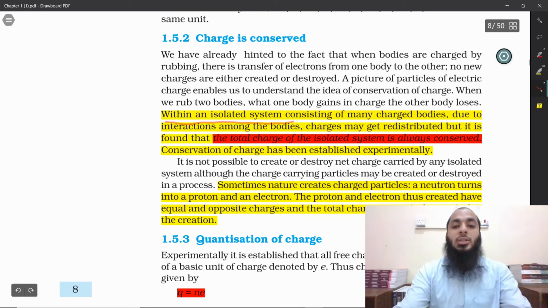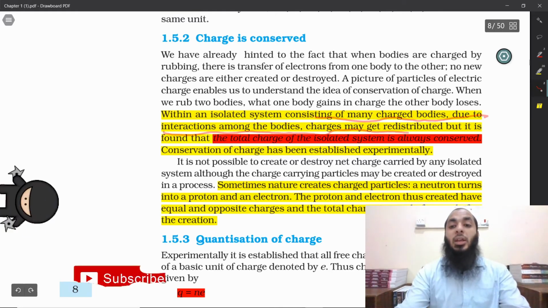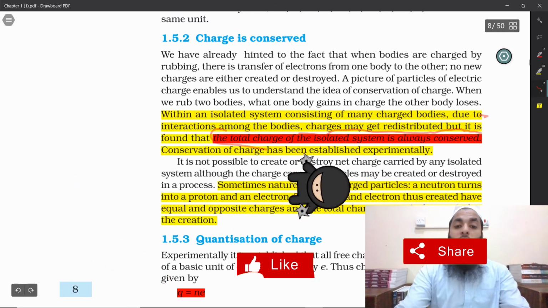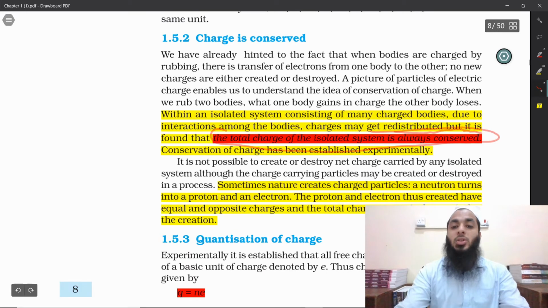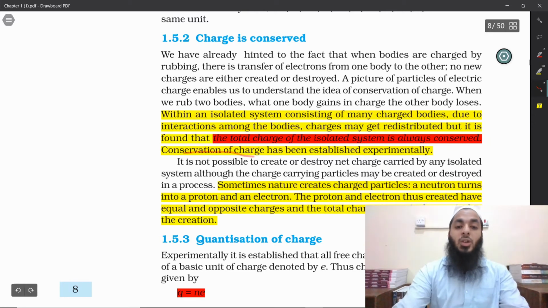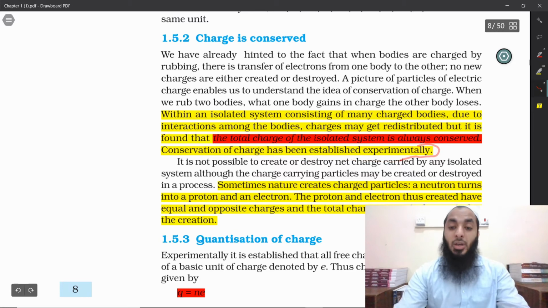Within an isolated system consisting of many charged bodies, due to interaction among the bodies, charges may get redistributed, but it is found that the total charge of the isolated system is always conserved. So conservation of charge has been established experimentally.